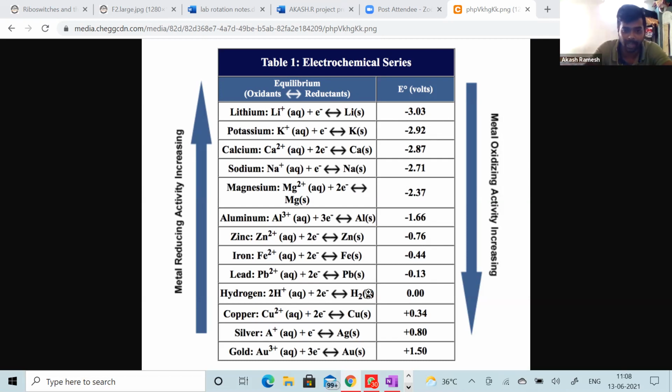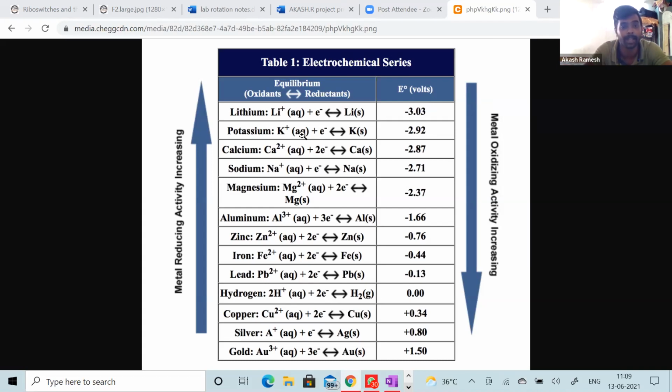Now after hydrogen, standard hydrogen electrode is 0, that I already mentioned. Now you look at all the other elements after that. All the other elements actually have a positive value of reduction potential. What this means is that these elements have the natural tendency to undergo reduction, and above hydrogen, whatever elements you have have a negative value of reduction potential.